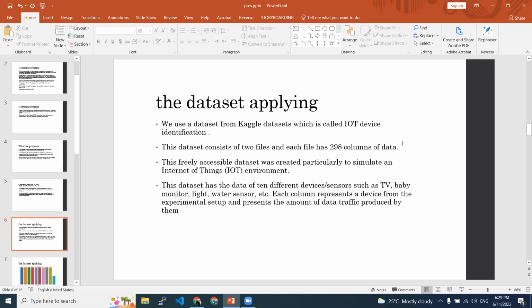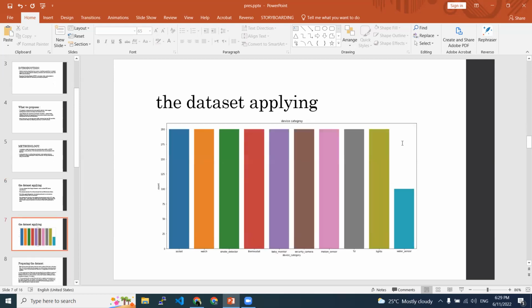This data has the data of 10 different devices, sensors such as TV, baby monitor, light, water sensor, etc. Each column represents a device from the experiment setup and presents the amount of the data traffic produced by them.